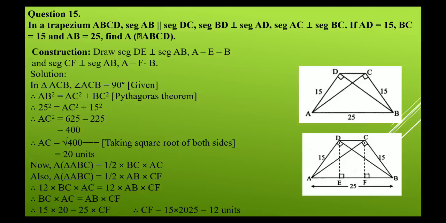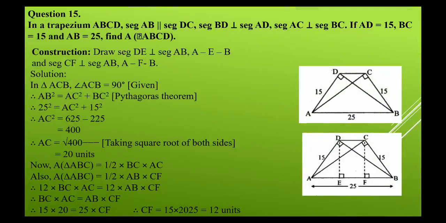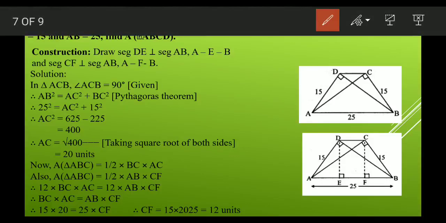Okay, so both are equal. The triangles are the same, but here the base is BC and height is AC, and here the base is AB and height is CF, but the area will be the same.